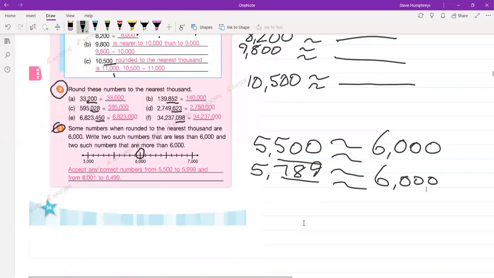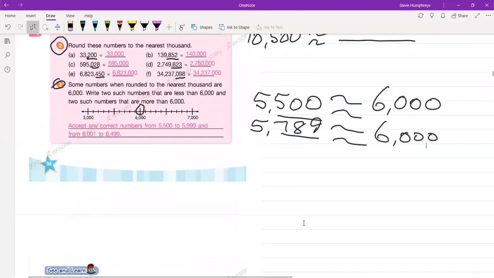And then, those 2 numbers were here and about there. Now you've got to choose 2 numbers that are more than 6,000 but will round down.